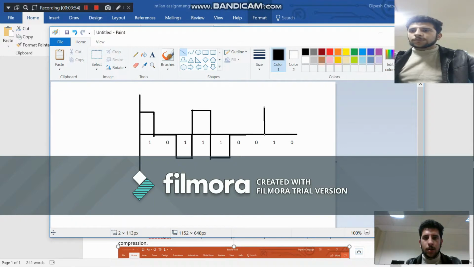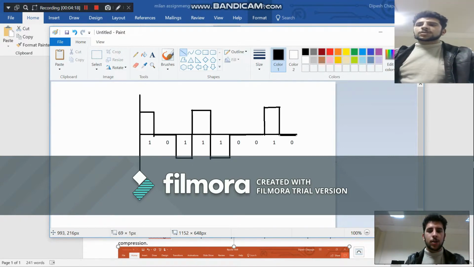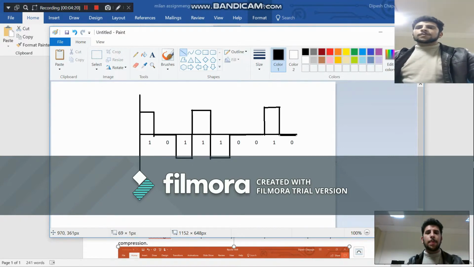So we have to move this data upward, and it's here. And finally there is 0, so it remains constant. This is the type of Manchester encoding. The data will move alternately as it comes in high voltage, but in low voltage it remains constant or neutral.